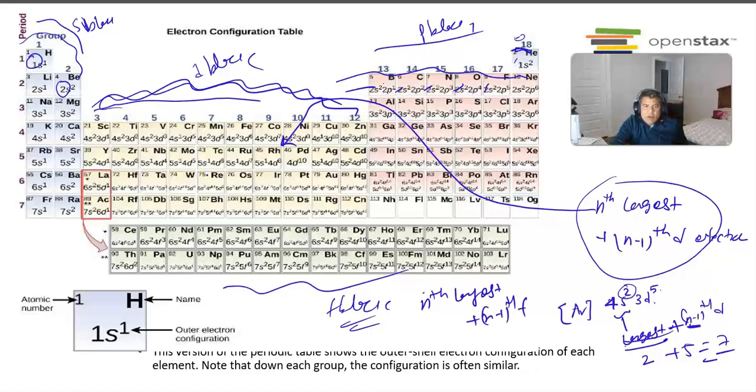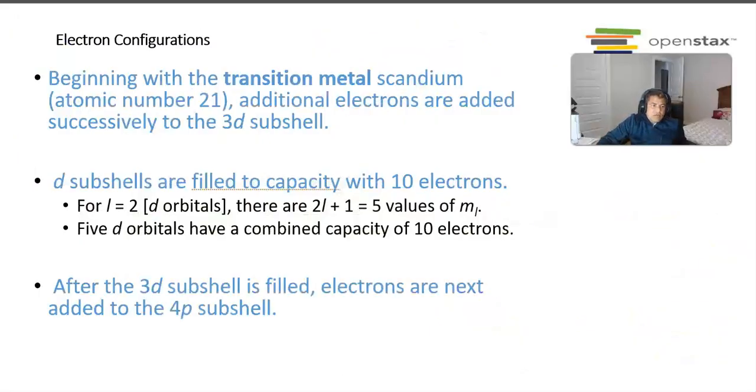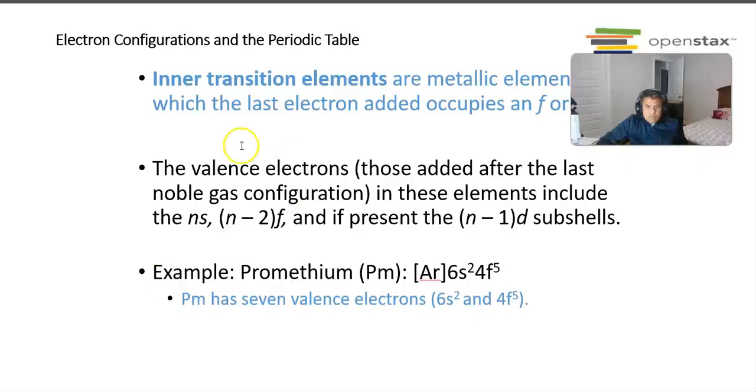And the d block has the largest n s plus n minus 1 d. So these all are 4 plus 1, 5. This is the valence electron. If the n minus 1 d subshell is present, it is also added. Those are added for the valence electron.